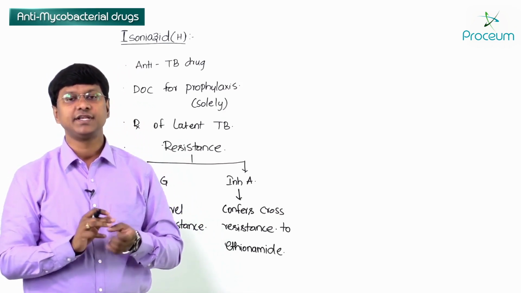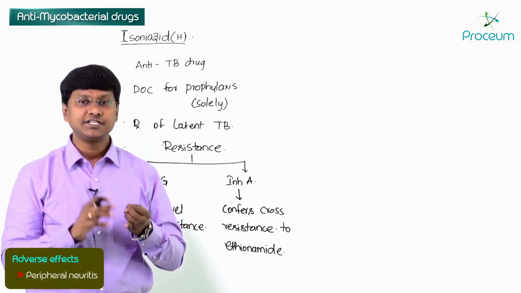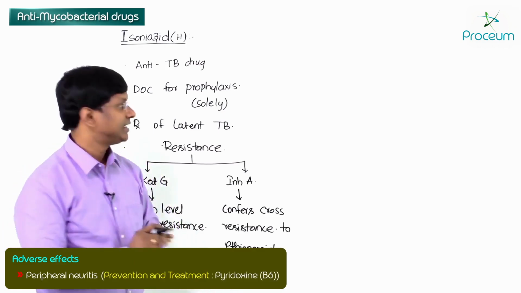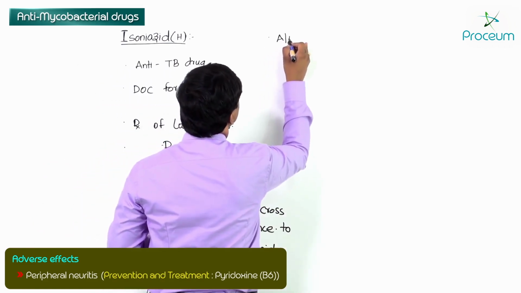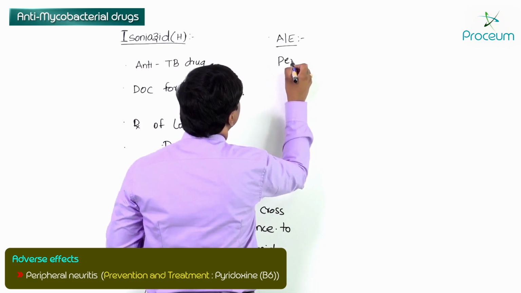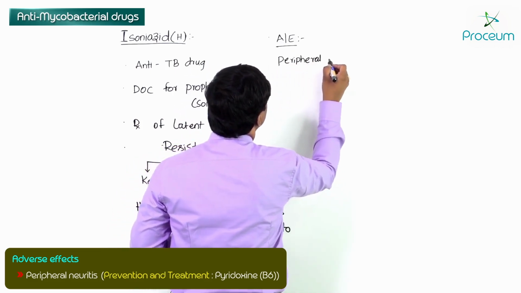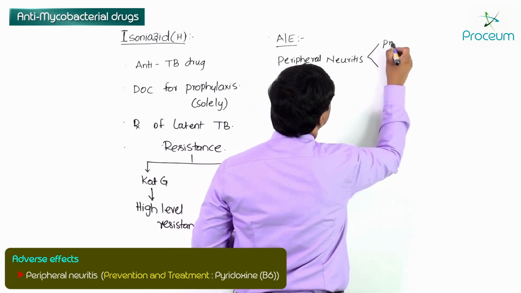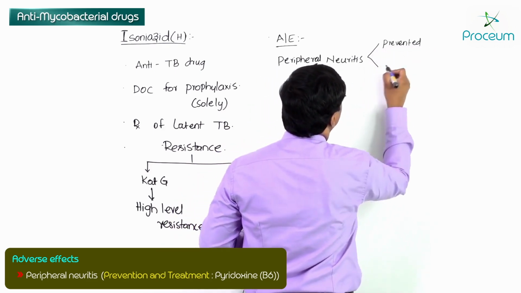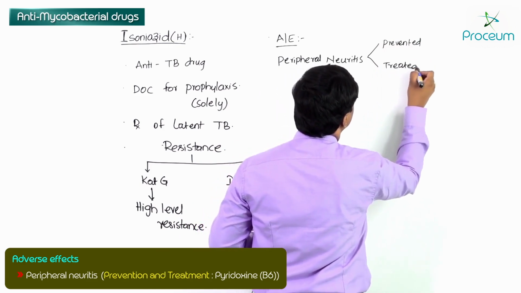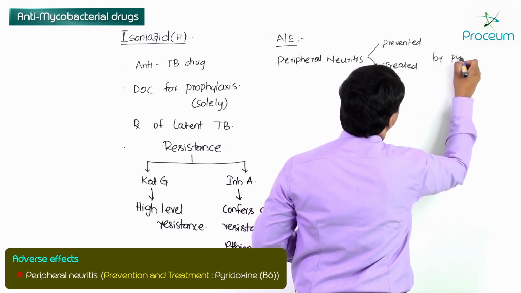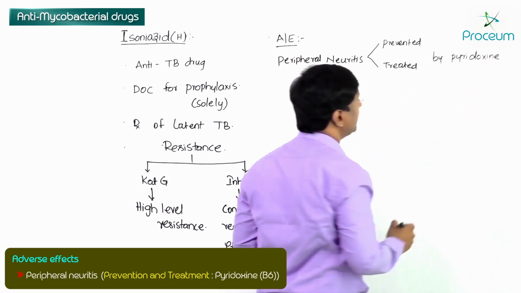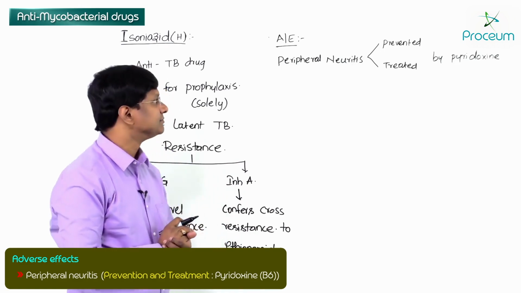Remember, it causes peripheral neuritis, and this peripheral neuritis can be prevented and treated by supplementation of pyridoxine.